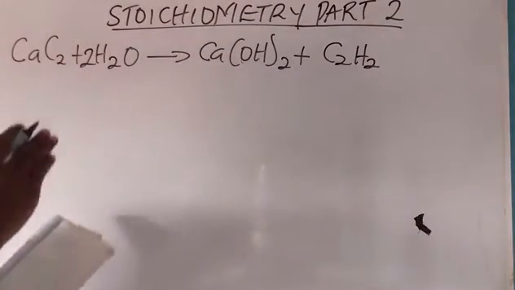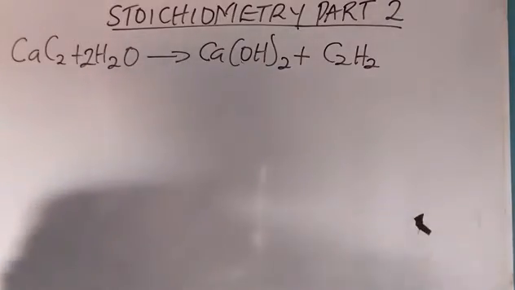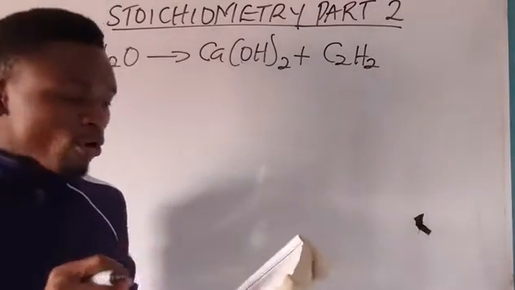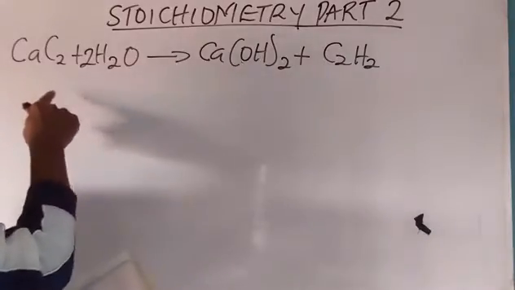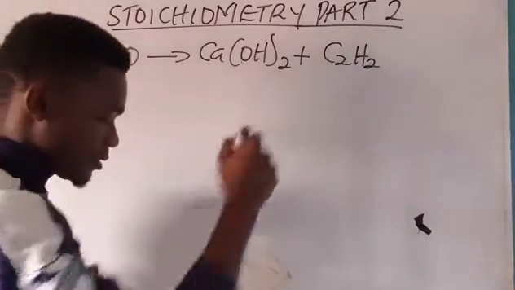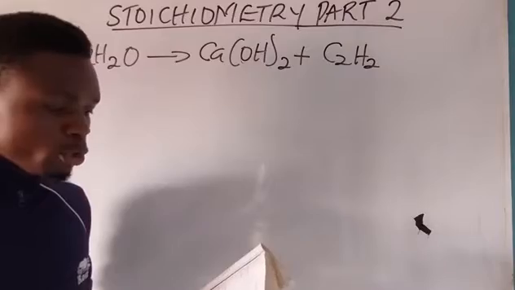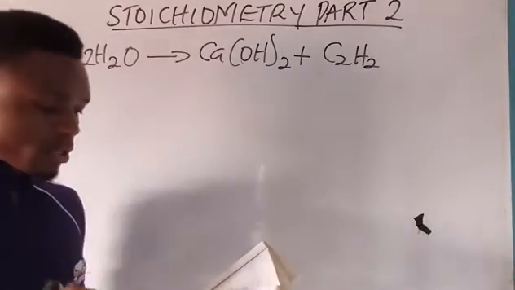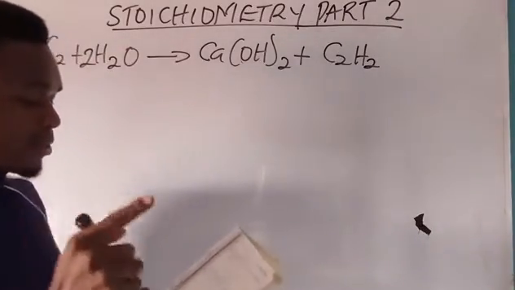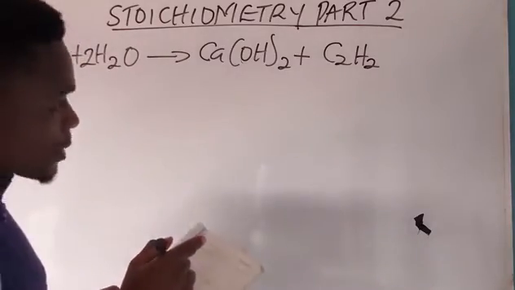So they said from the reaction, calculate the volume of ethyne produced at STP from 3.2 grams of calcium carbide.